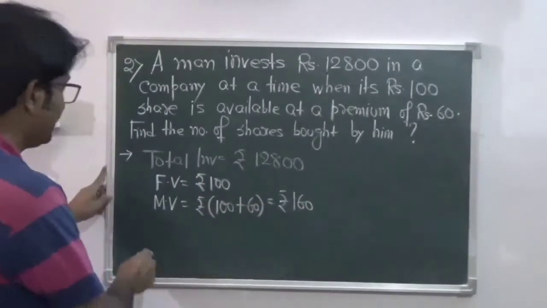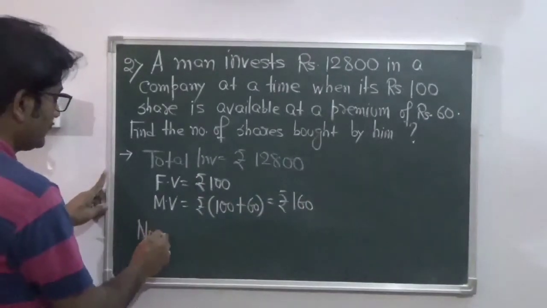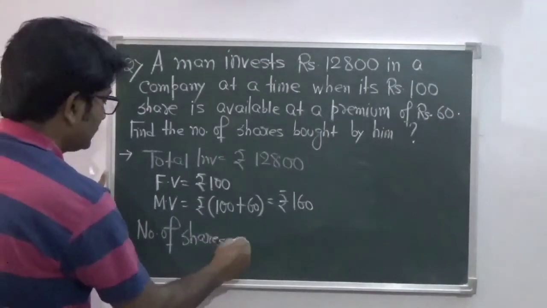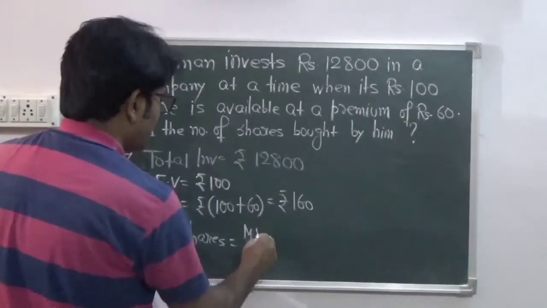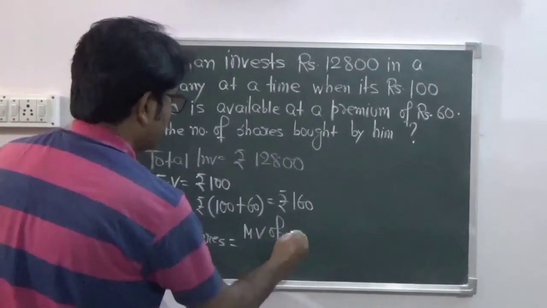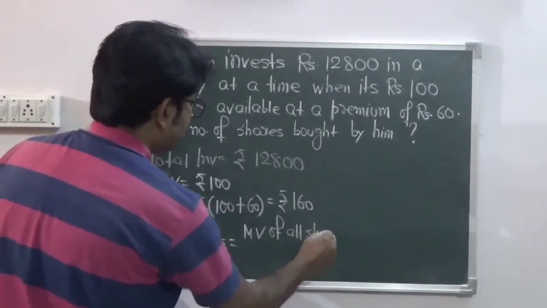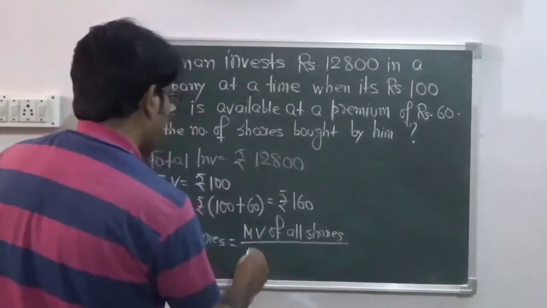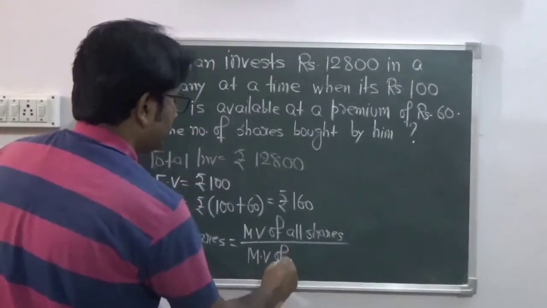So what is the number of shares? Number of shares is equal to the market value of all shares divided by the market value of one share.